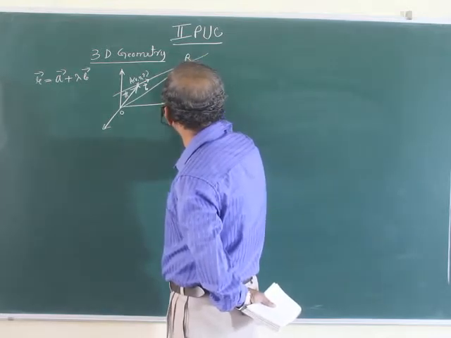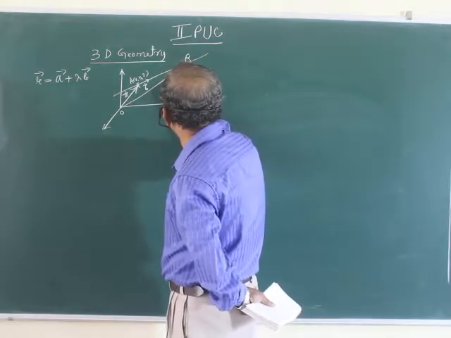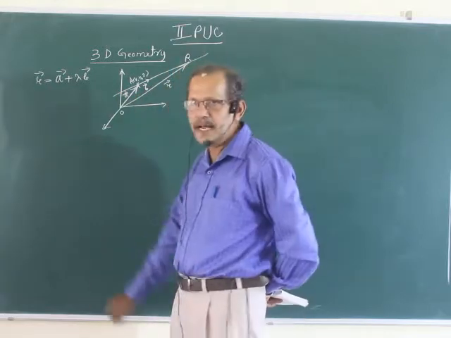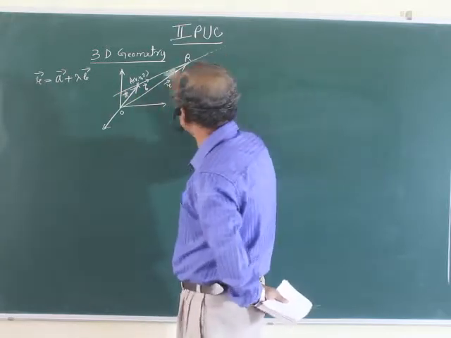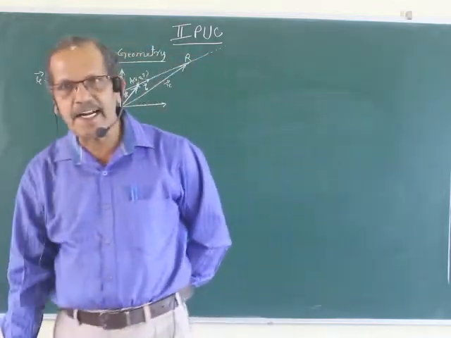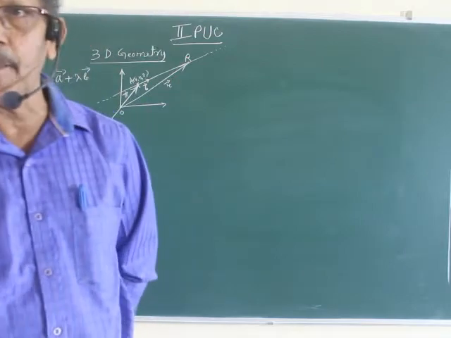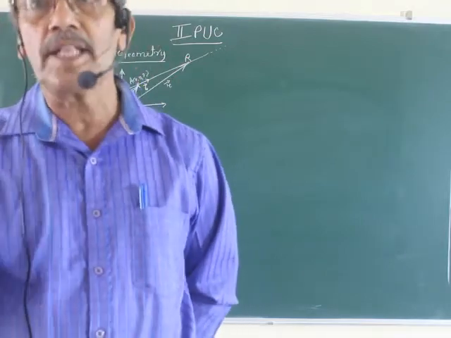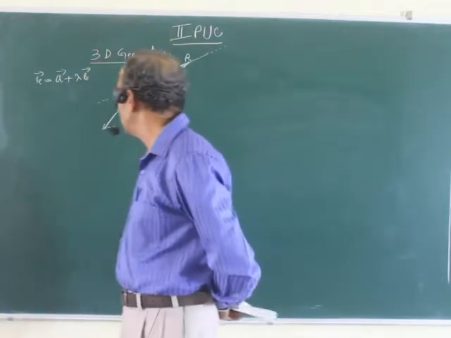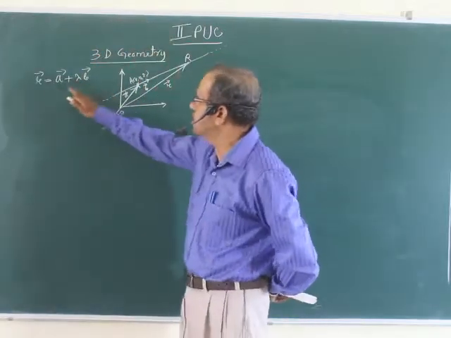Equation of line means it is the condition satisfied by any point R on the line, the representative point, the general point. If you write the condition satisfied by the point R on the line, you get the equation of the line. But here, which are the things you must need?